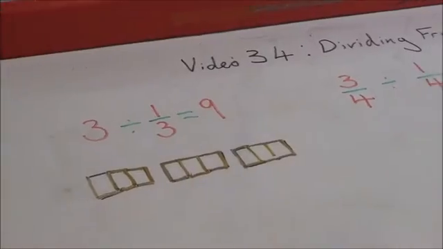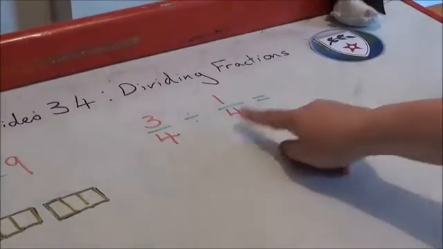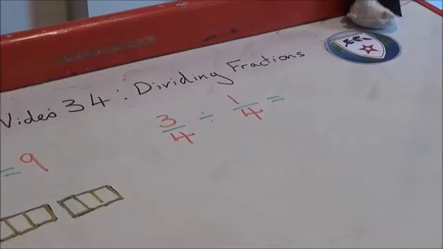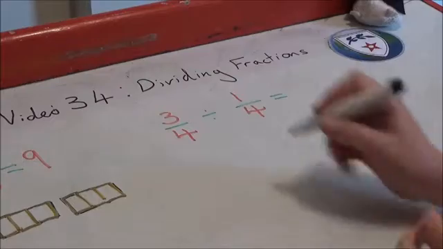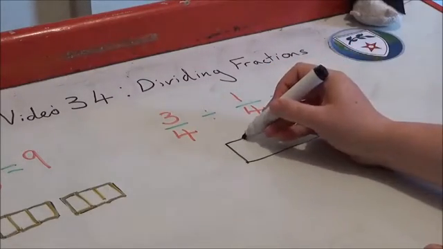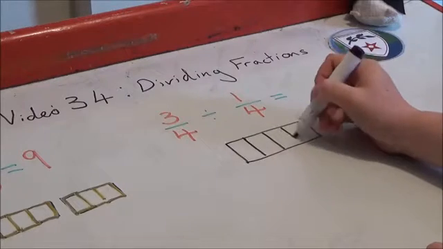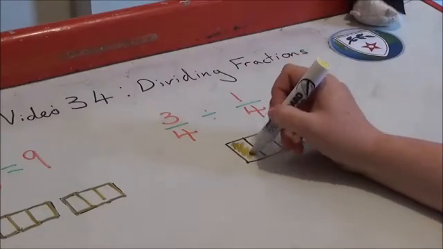Let's look at this one. So this is 3/4 divided by 1/4. It's really simple to draw it out when we've got the same denominator. So I'm going to draw out my quarters, and I'm looking at 3 of them.